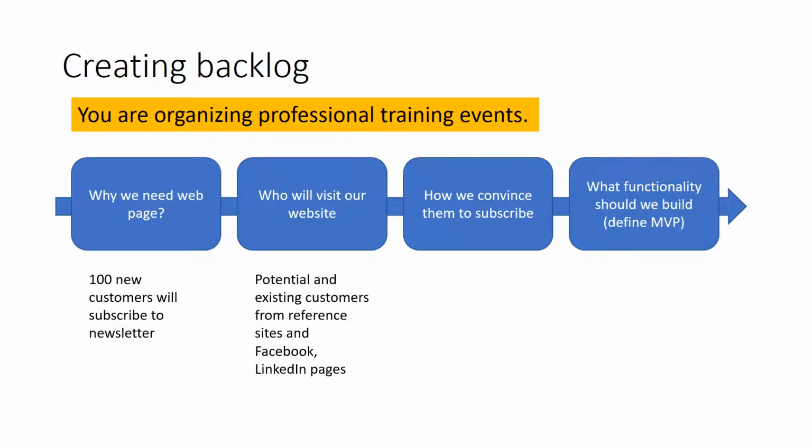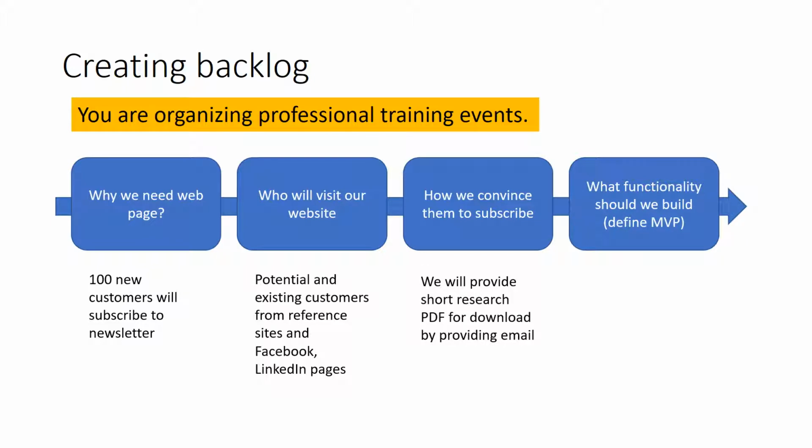Next, who will visit? We understand how we will organize this flow of customers and how they will come to this website. We define that potential and existing customers from our reference site or from our partner site, where we will place a banner, and from our Facebook and LinkedIn pages, will come to this website and subscribe.